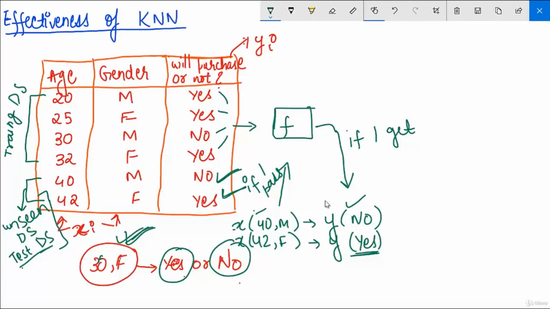This is not a real data set. I just created one data set to explain how we check the effectiveness of KNN. Are you getting it? I hope you are.